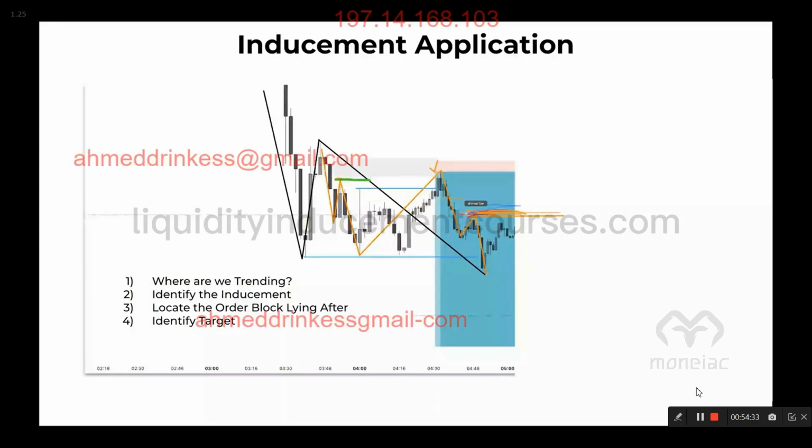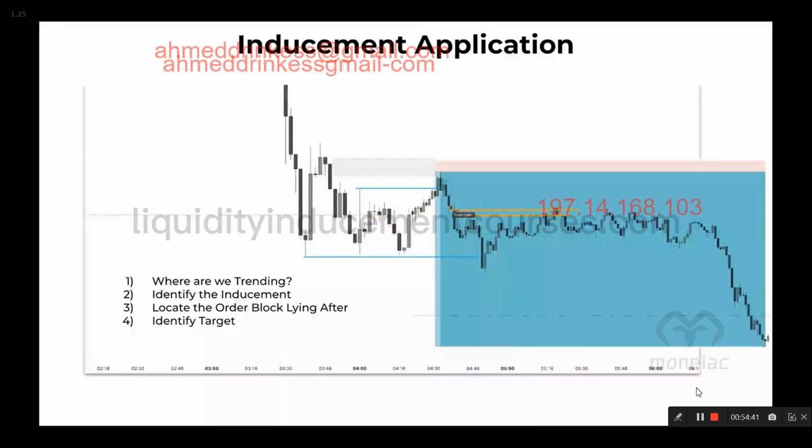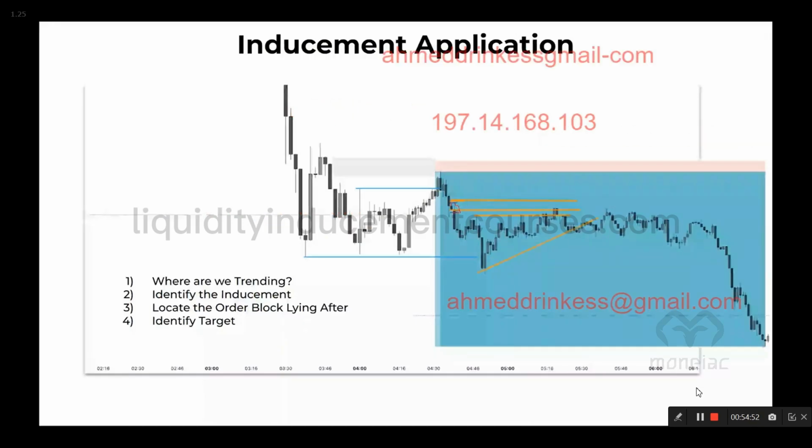Everyone be looking to sell above this high or this one. So now if that's the inducement, where's the order block? Right here. And that's it. How do you know it's this one versus the other? Well, there's a minor sweep, but also over here, this is lying just before.